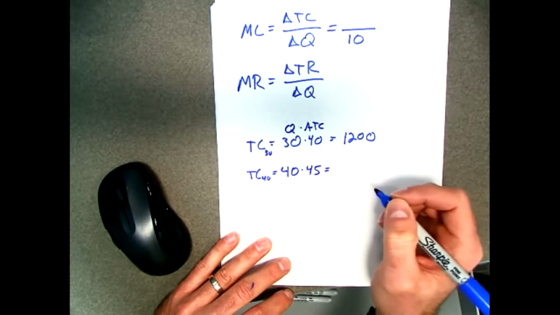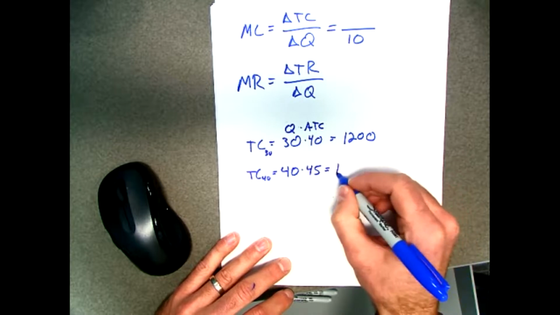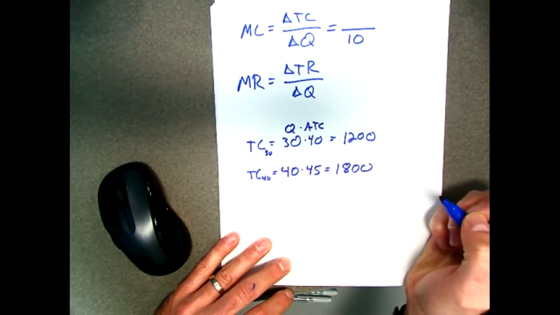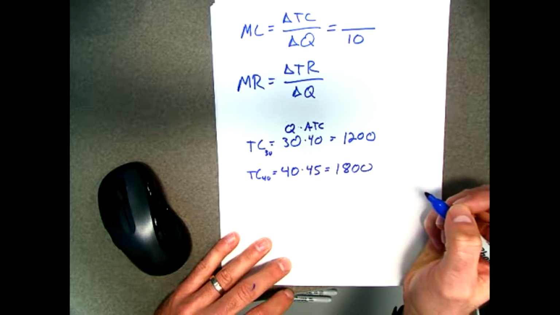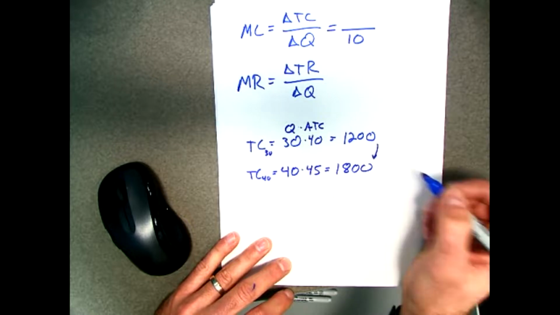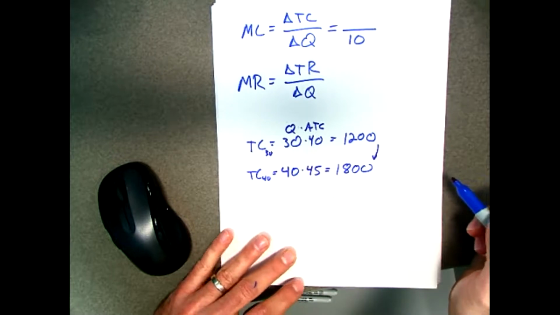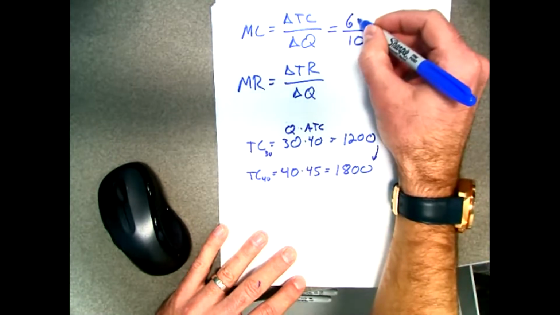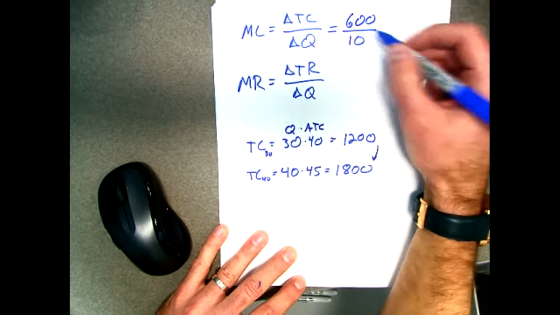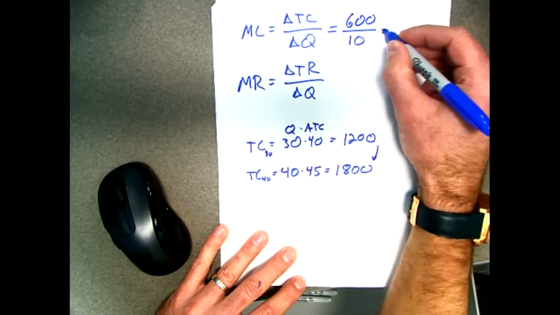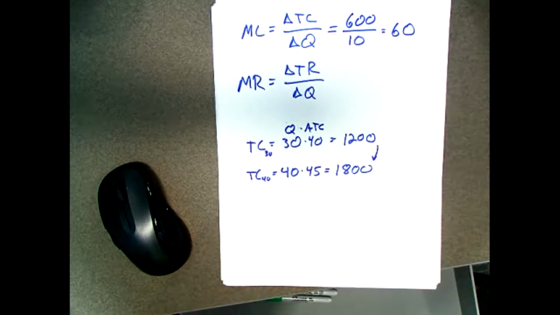So this is what, 1,600 plus 200, if I'm doing math in my head correctly, or 1,800. Okay. So what was my change in total cost going from 30 to 40 units? Yeah, just 600. So 600 was my change in total costs. So my marginal cost would be 60. Okay.